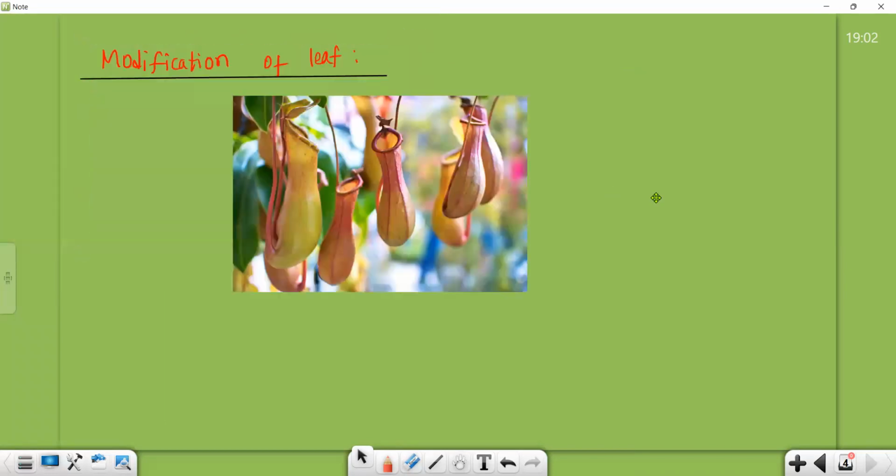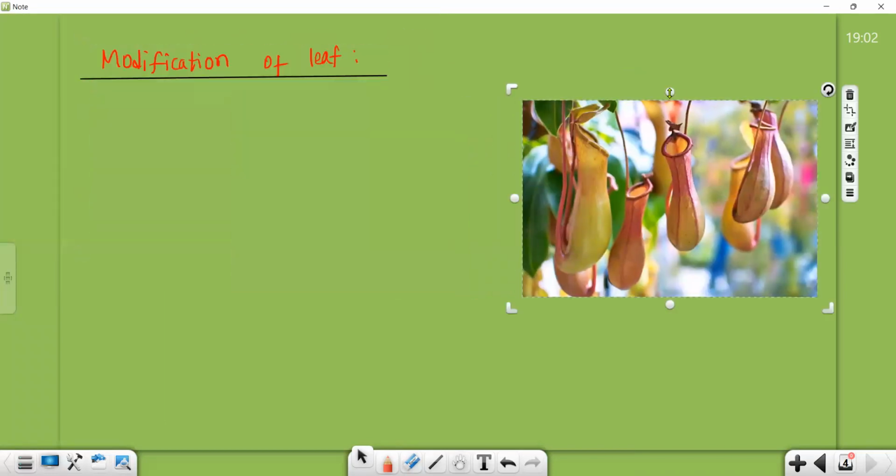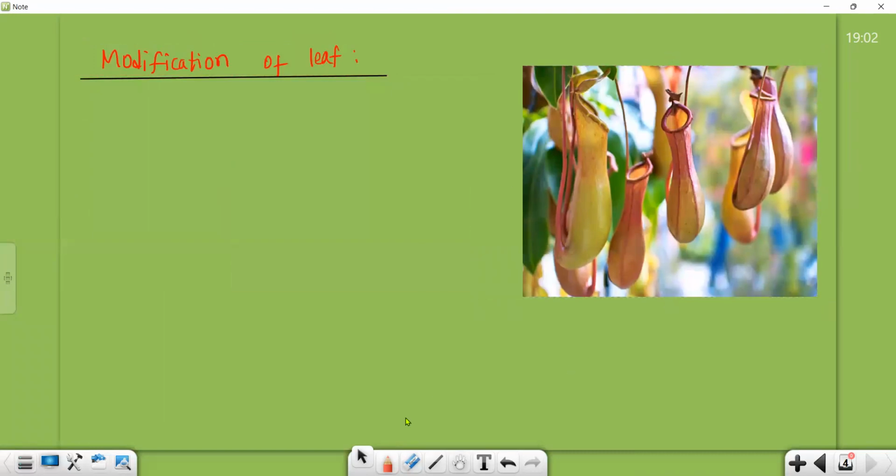Have you seen it before? It is called the pitcher plant actually. So what is the specialty of this plant? You can see how the leaf is modified. There is a sac-like structure which is called the pitcher, and at the mouth you can find a lid, right? Can you see the lid?